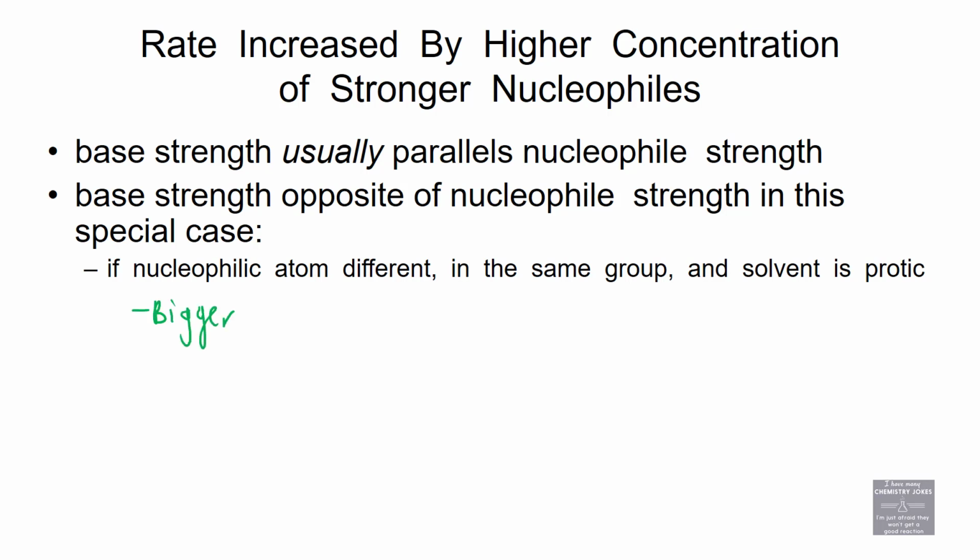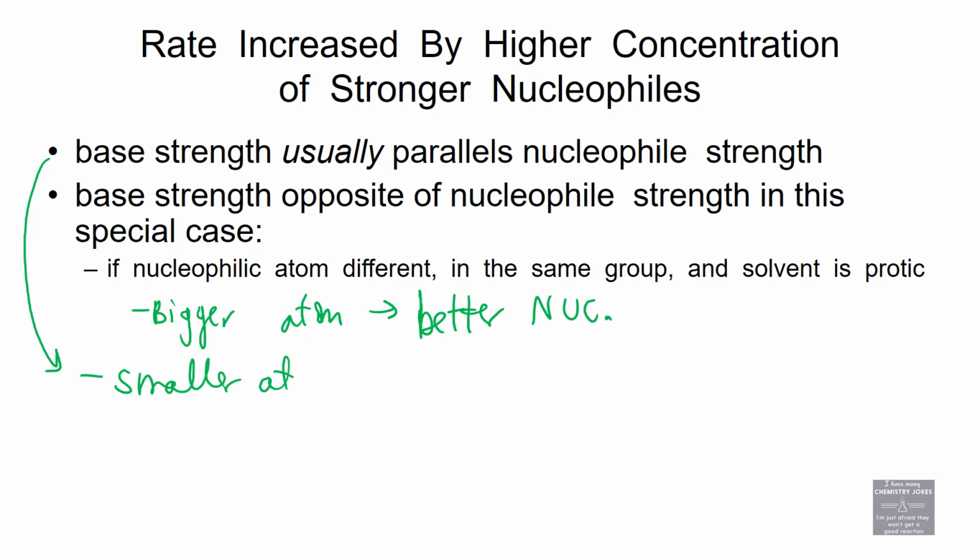Bigger atom, better nucleophile. This is a rare occasion to have a bigger atom, better nucleophile. In general, the smaller atom is the stronger base, which means that the smaller atom is the better nucleophile.